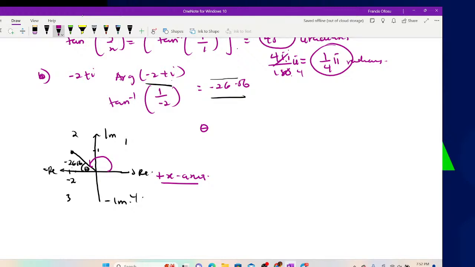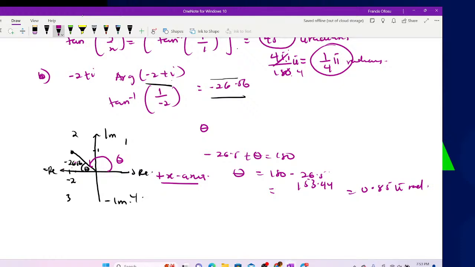So if here is negative 26.56, what will this whole bigger angle be? From angles in high school, we know that supplementary angles or angles on a straight line sum up to 180. So negative 26.56 plus the theta which we are interested in is simply equal to 180. So the real argument is 153.44. When we divide this by 180, we are simply going to get 0.85 pi radians. So this is how we find the argument when the complex number falls in the second quadrant.